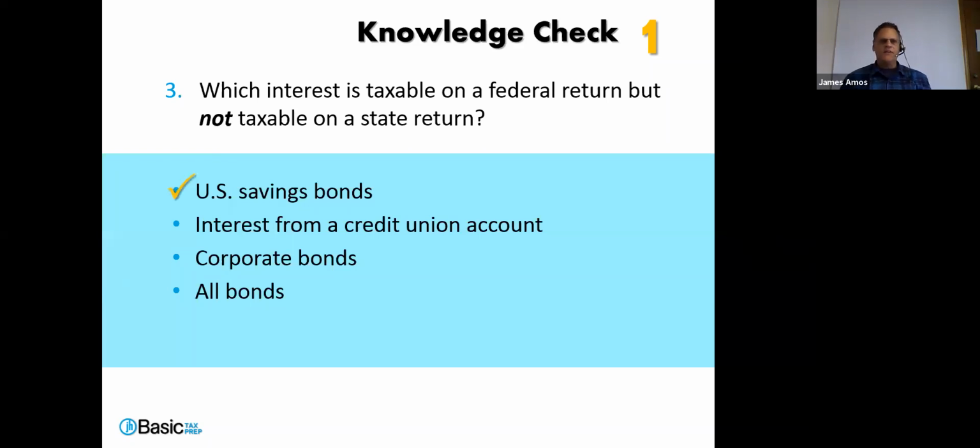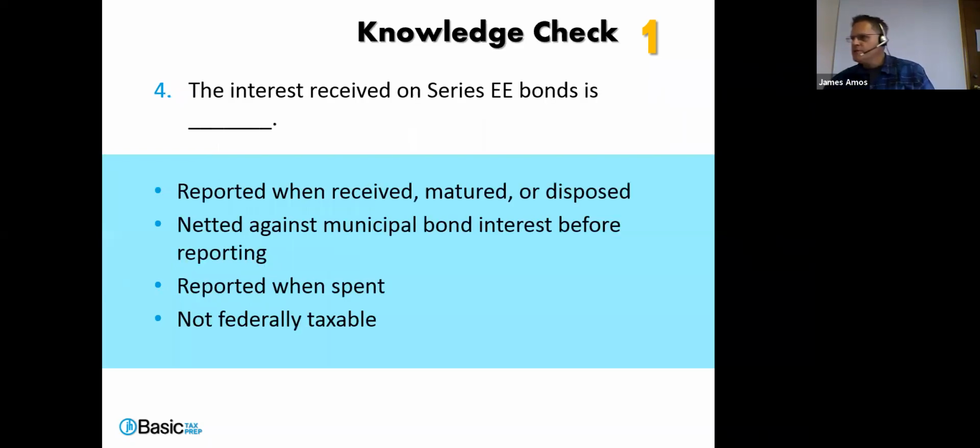A, U.S. savings bonds. Corporate bonds are for corporations. Those are going to be taxable almost always. Interest from a credit union is always taxable. Well, actually, that's not true, but in most cases, it's taxable. U.S. savings bonds are the ones that can be taxed on a federal return, but they do not allow the states to tax it. So let's do number 4 now.